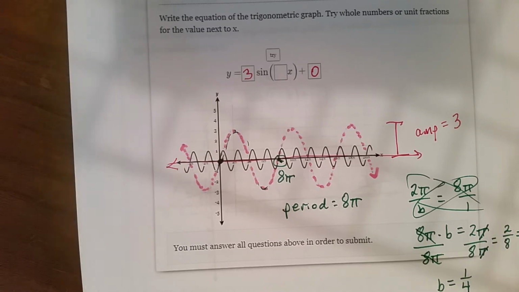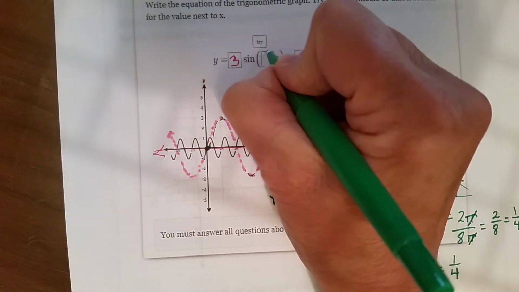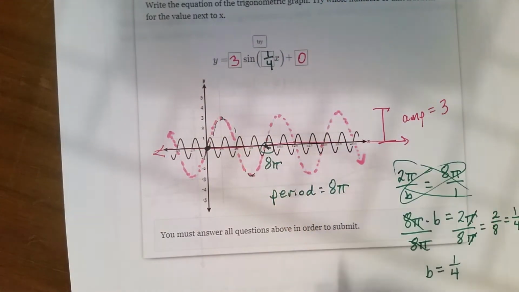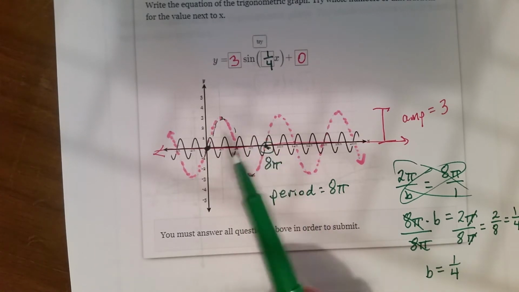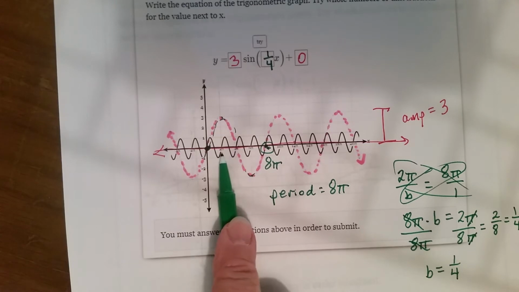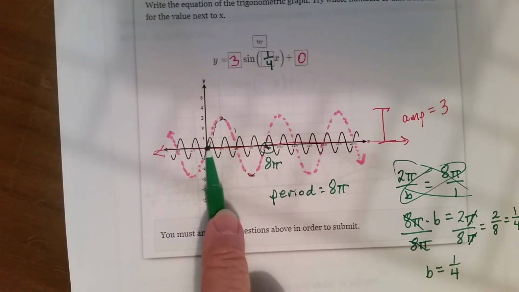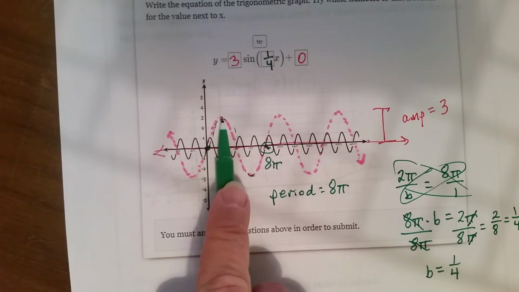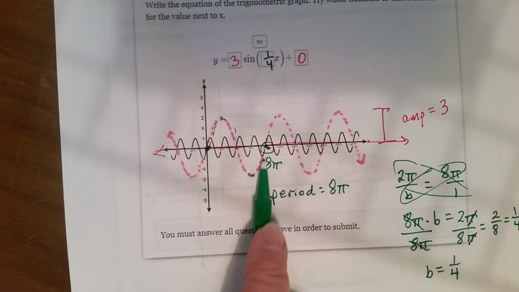So b is 1/4. So I'm going to go back here and put in 1/4. Okay, now that makes sense. 2 pi is right here, up here at this max. So it only gets 1/4 of a cycle done from 0 to 2 pi. 1/4 of a cycle, this would be a half, this would be 3/4, and this would be a full.